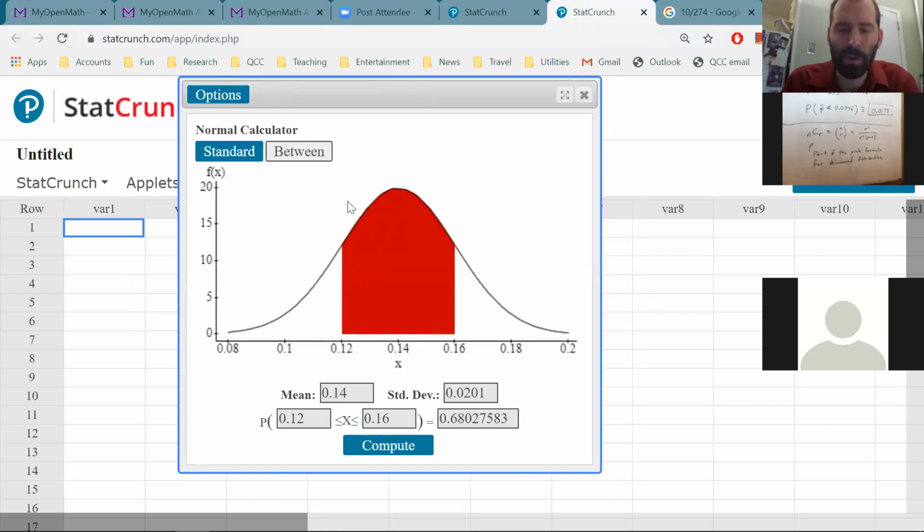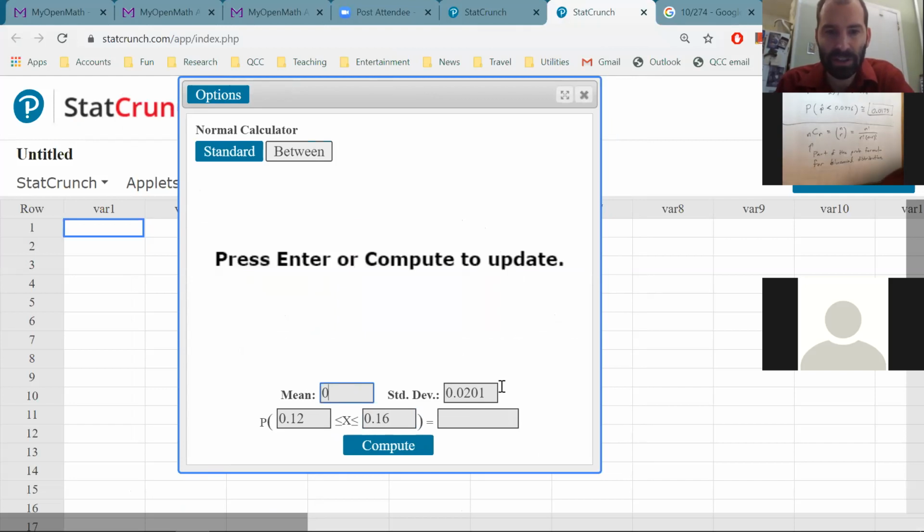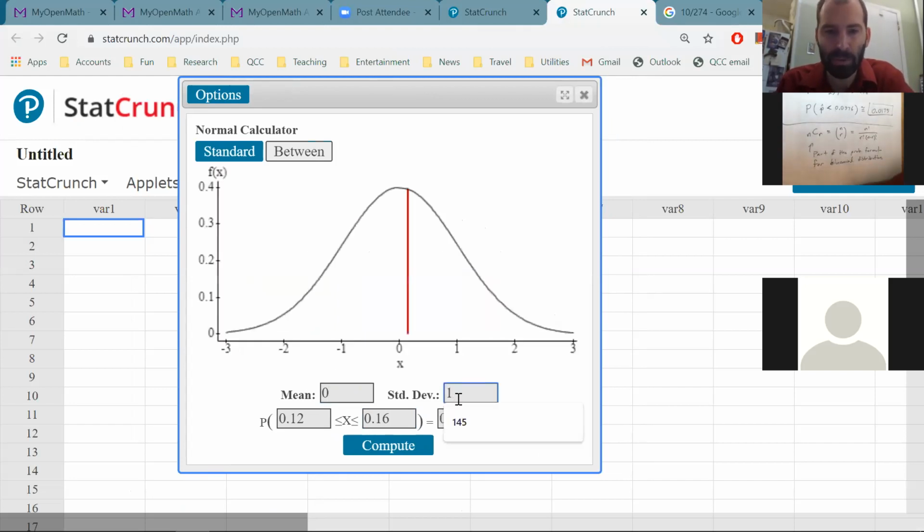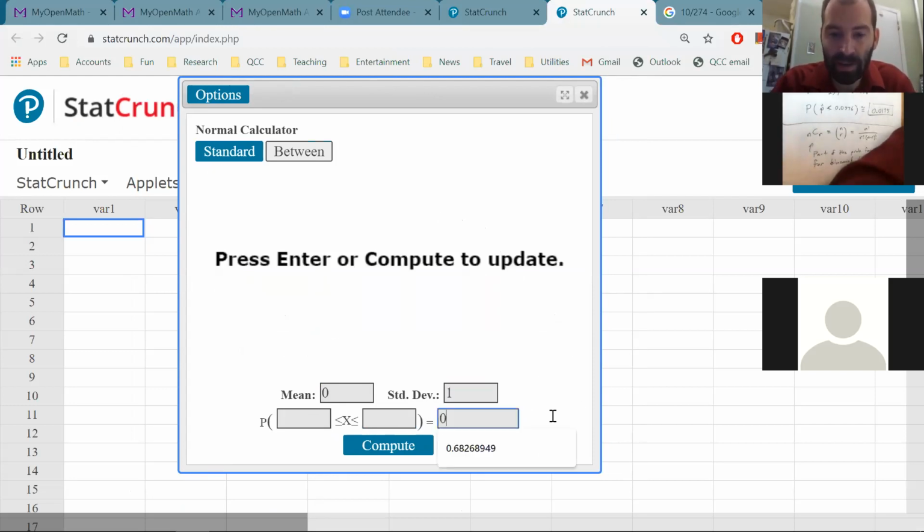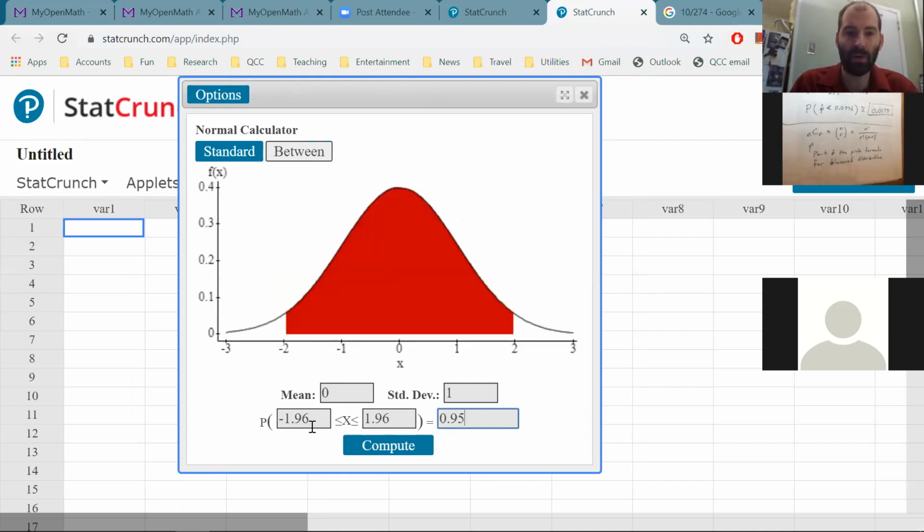Actually, we might not need that 2.5% because we can do this between. All we're doing is in StatCrunch, you can just set up a standard normal distribution with mean 0 and standard deviation 1, and just ask, if I want to contain 95% of the data, what values have to go here and here?